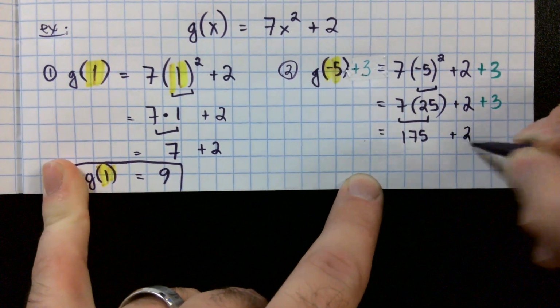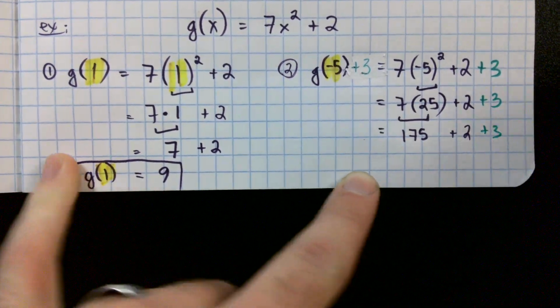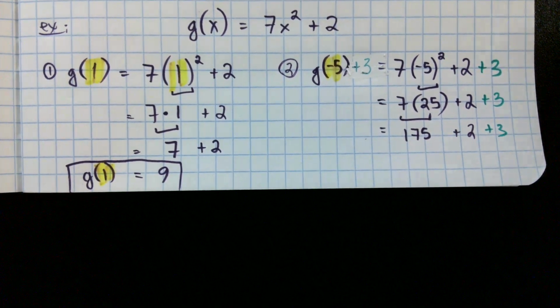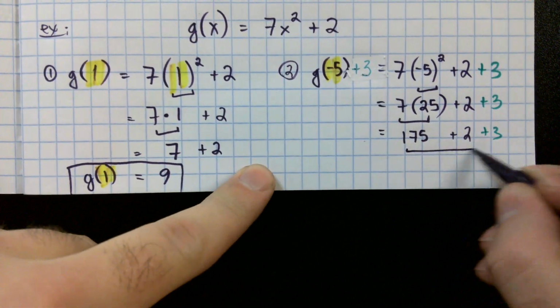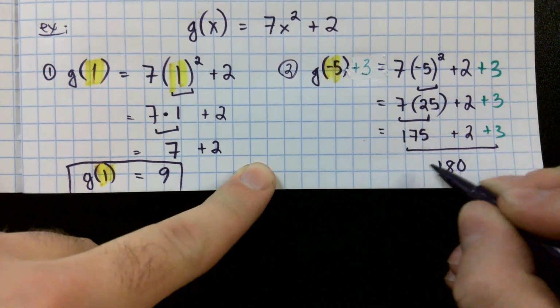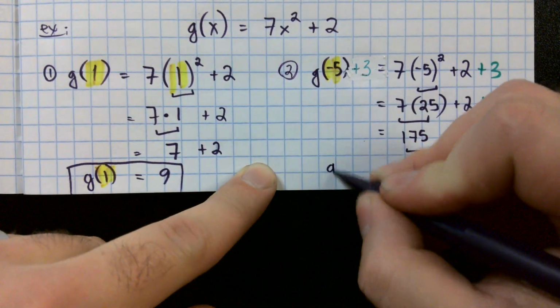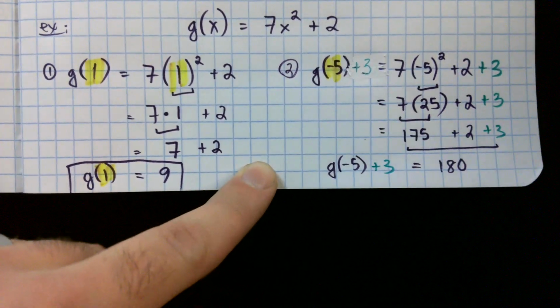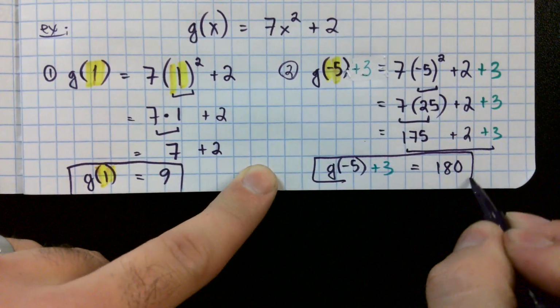Now comes addition. What's 175 plus 2 plus 3? 180. So g of negative 5 plus 3 is equal to 180.